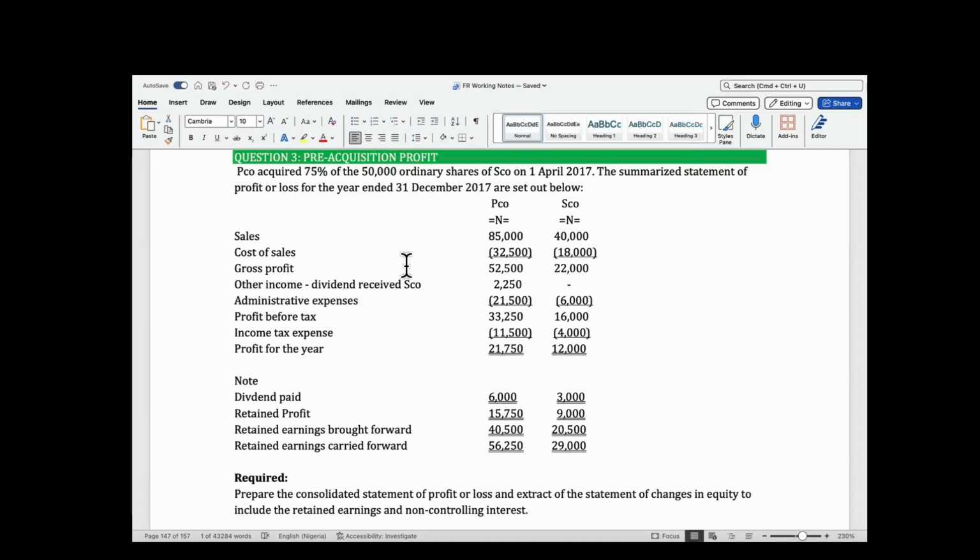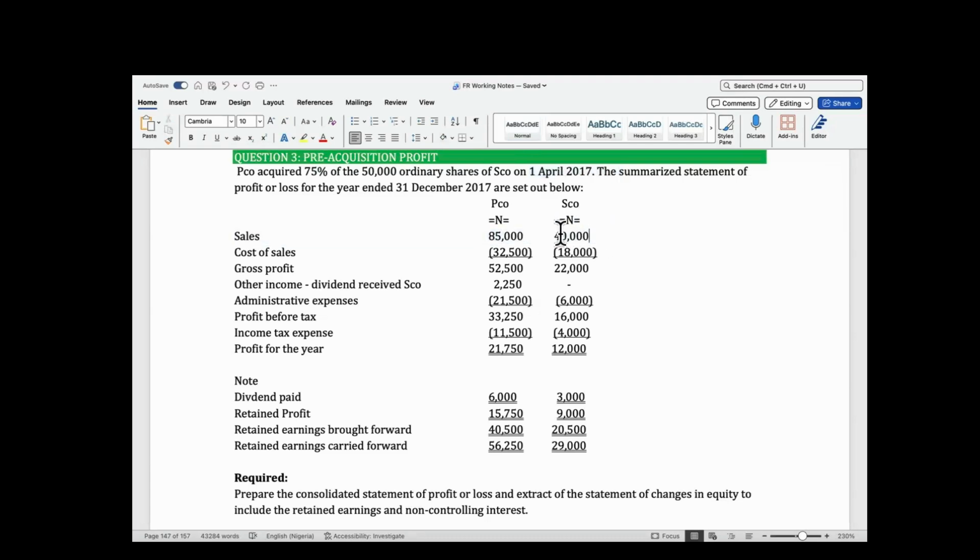Okay, so here, what is different here? Two things. Number one, we acquired the subsidiary during the year. We acquired it in April. When we acquired the subsidiary in April, it means that when you want to consolidate, we cannot just say this plus this anymore.